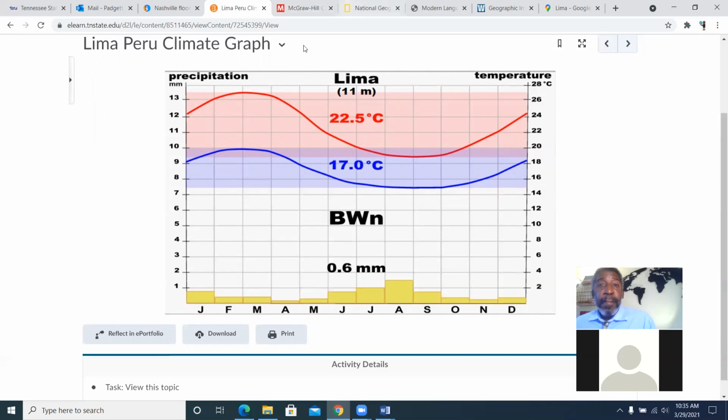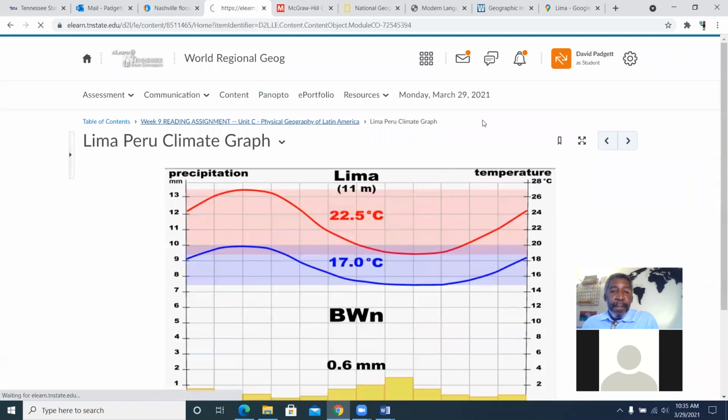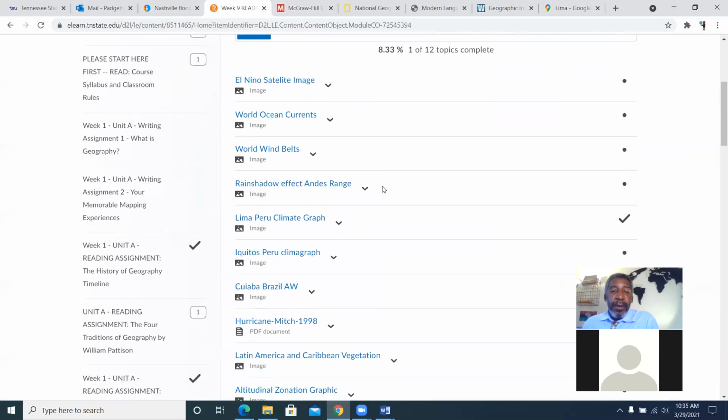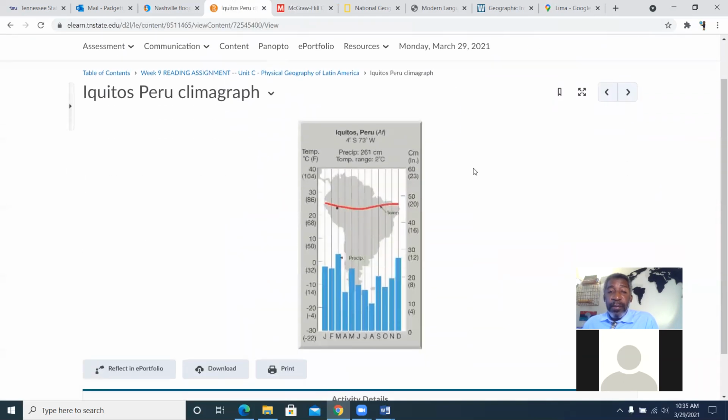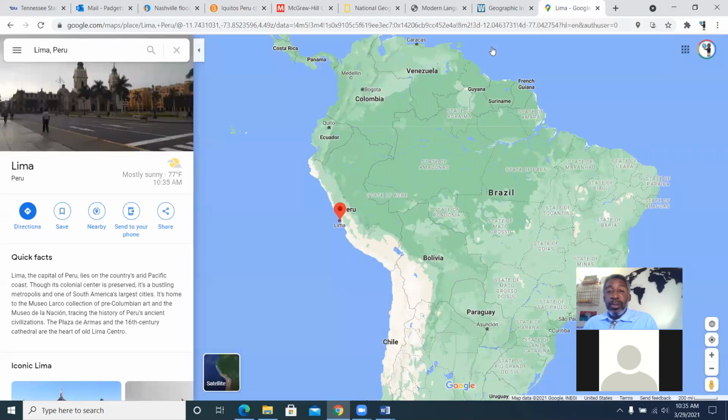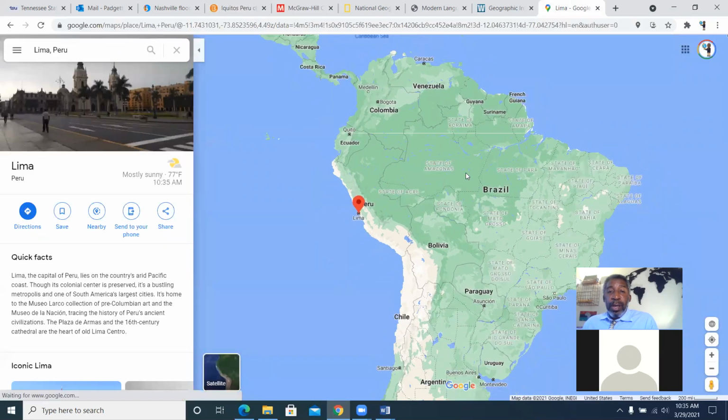Very dry place. Conversely, let's look at a place that's not very far away from Lima, Peru, and that's Iquitos, Peru. So let's go to the Iquitos, Peru climate graph. Very different climatic environment here, as you can see. So where is Iquitos, Peru?